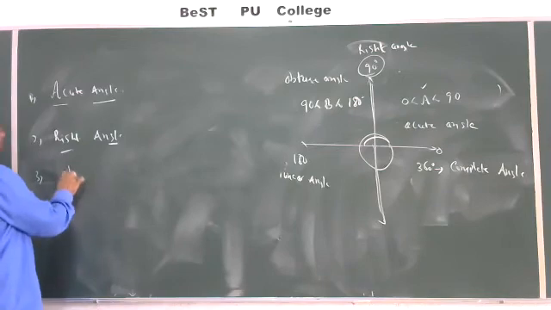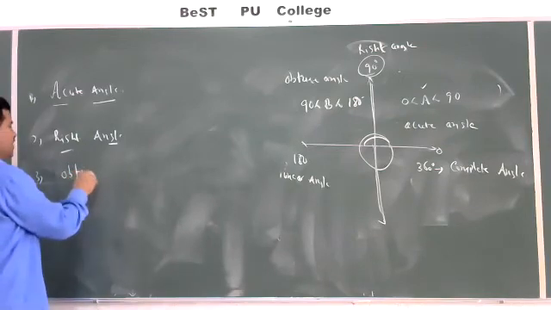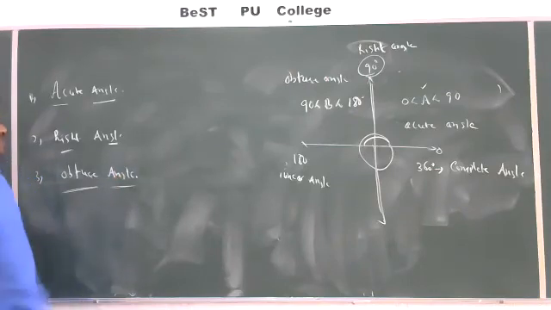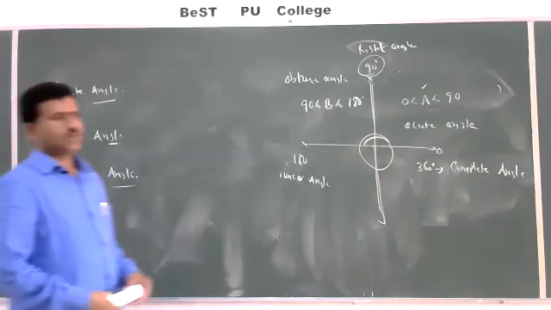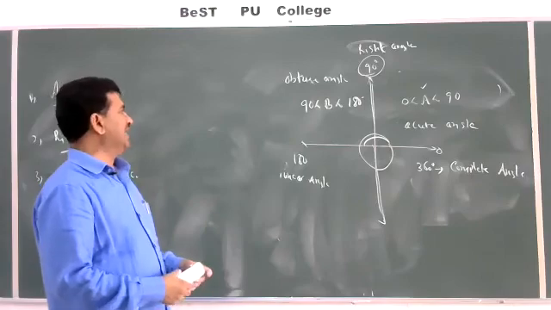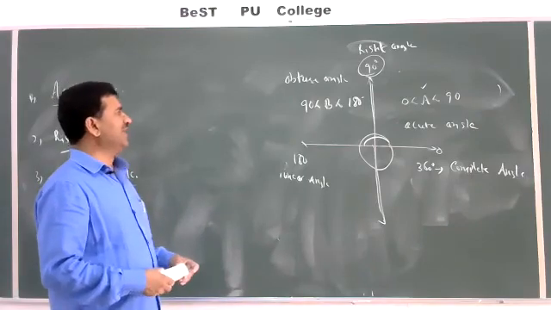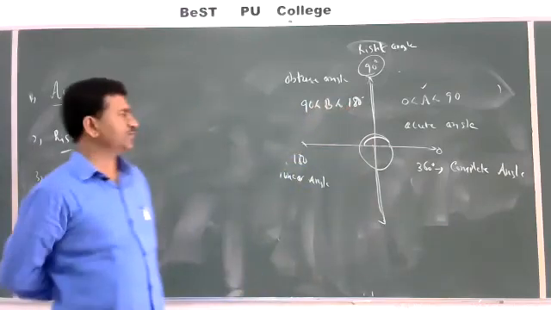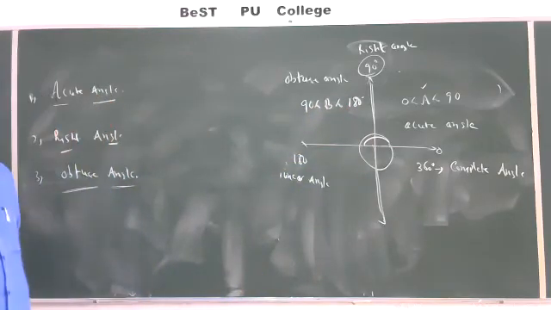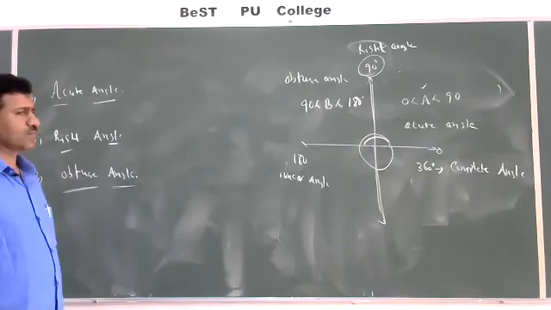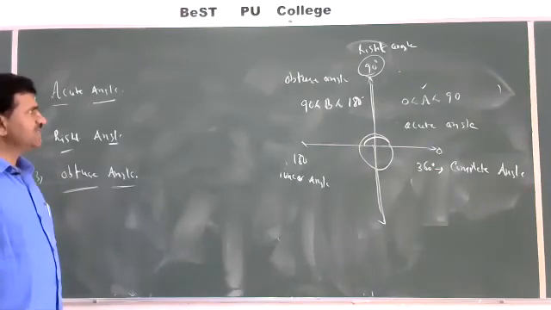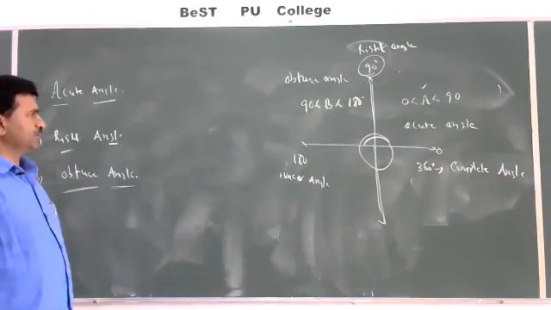Next, obtuse angle. The measurement of the angle lies between 90 and 180, is called an obtuse angle.